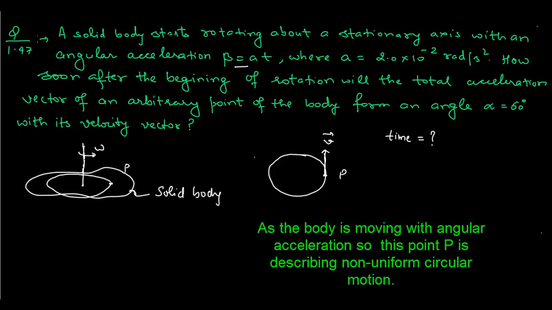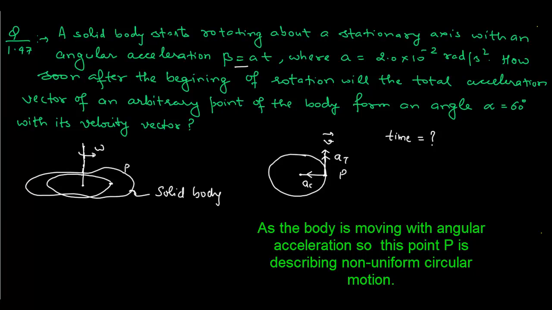Now as the body has an angular acceleration, this point P has two accelerations. One acceleration is the centripetal acceleration towards the center of the circle, where the axis of rotation passes through the center, and another acceleration is the tangential acceleration.